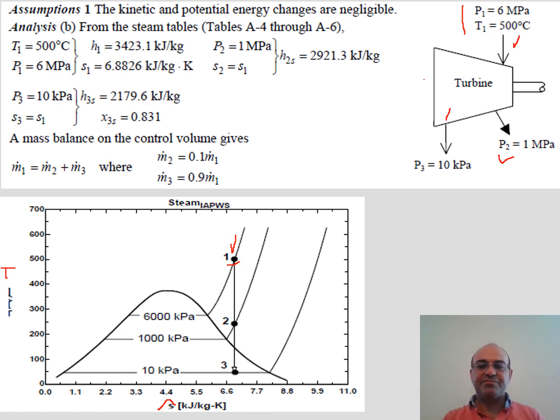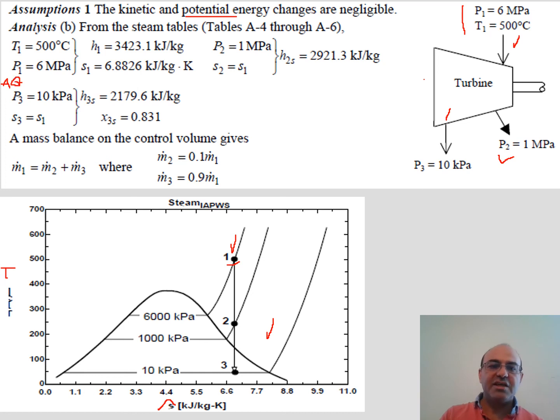So this is the TS diagram of these processes. All right, the assumption is that the kinetic and potential energies are negligible, so you need to write it down. Then you need to say which table you're going to use for each state.